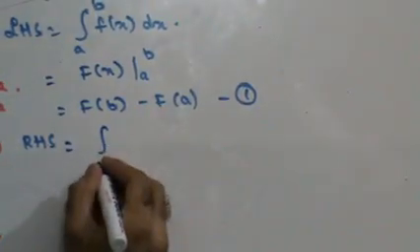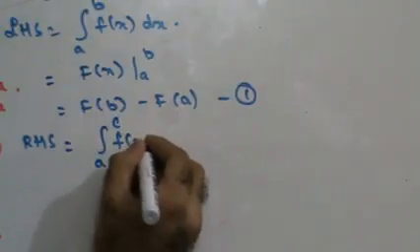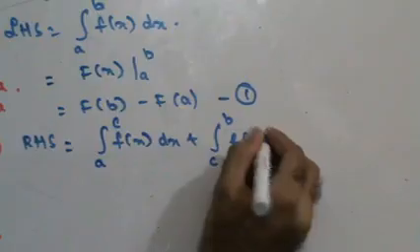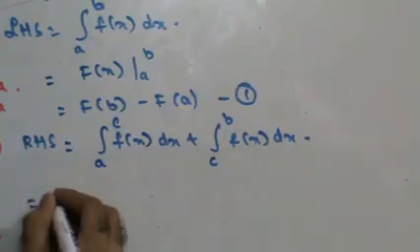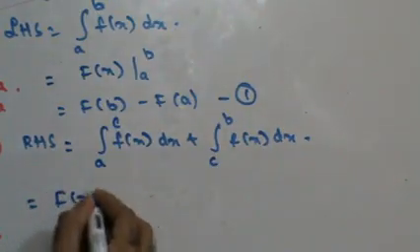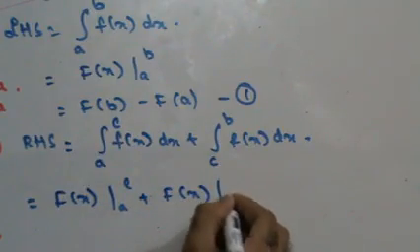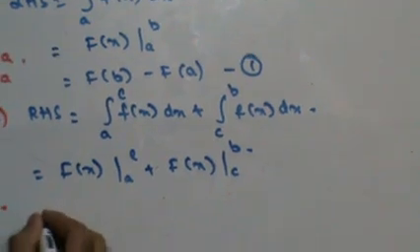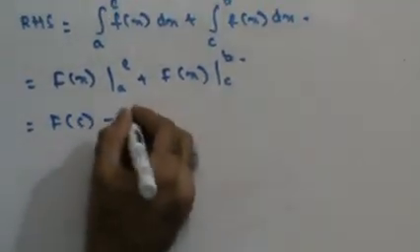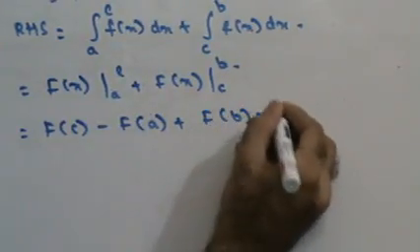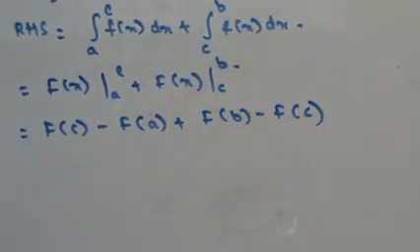Right hand side is integral of a to c f of x dx plus integral of c to b f of x dx. This can be written as capital F of x when the limits are from a to c, plus capital F of x when the limits are from c to b. This is nothing but F of c minus F of a plus F of b minus F of c. Upper limit minus lower limit, right?